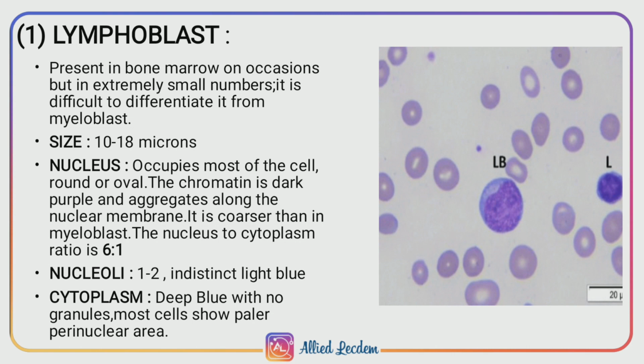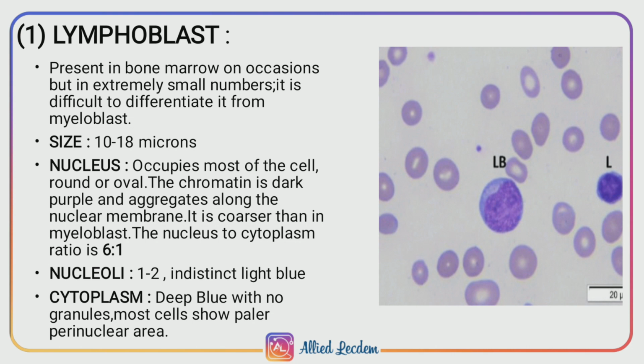The size of the cell is 10 to 18 microns. Then the nucleus occupies most of the cell and it is round or oval shaped. The chromatin present here is dark purple and aggregates along the nuclear membrane. It is coarser than myeloblast.